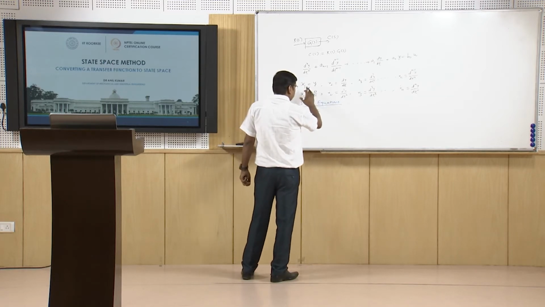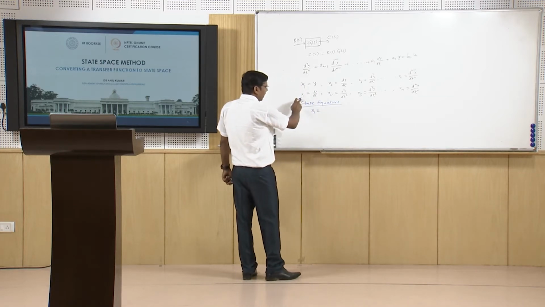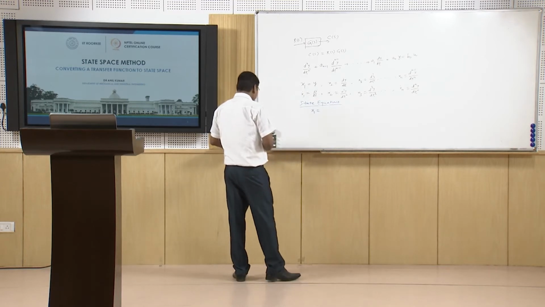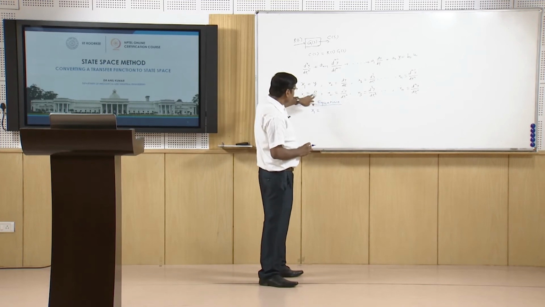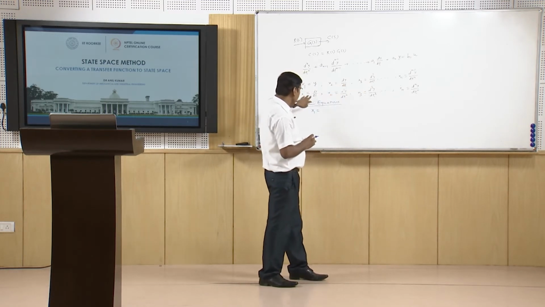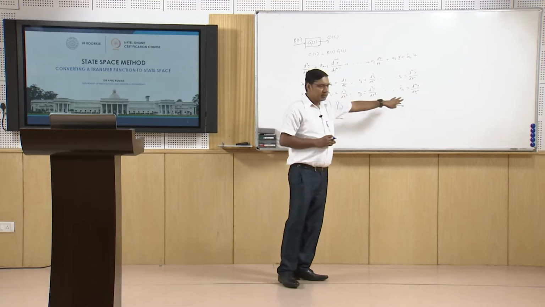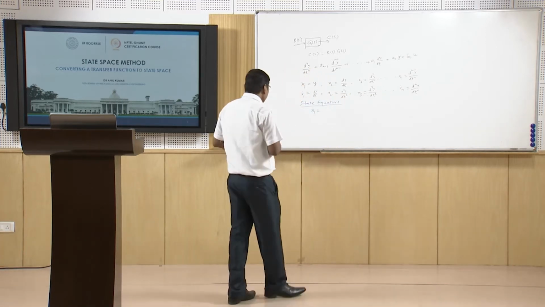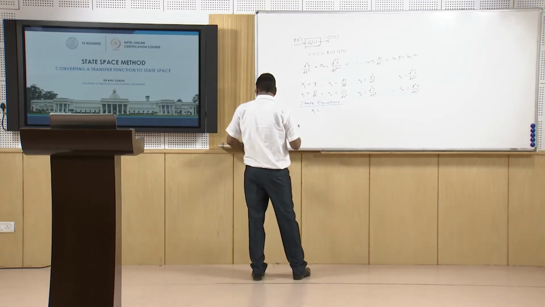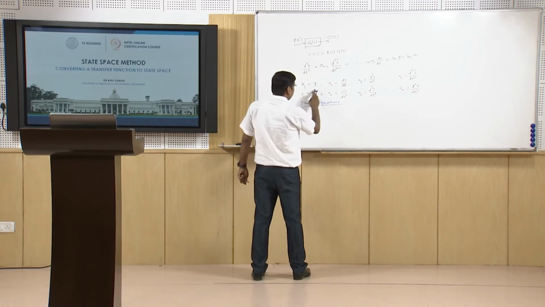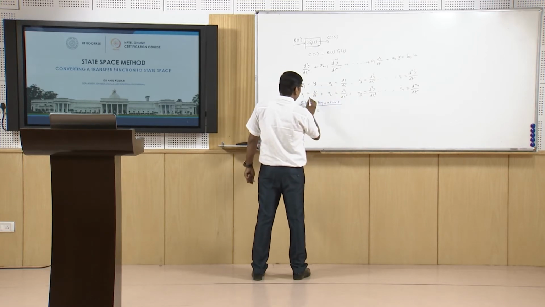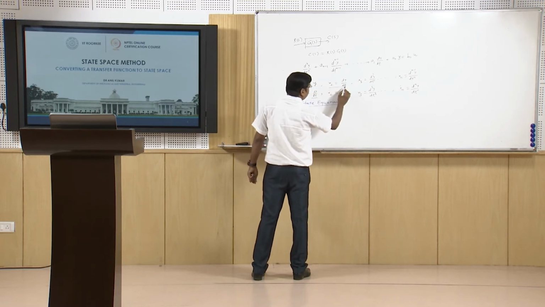And x1, x1 dot, x2, x2 dot, all these are the state variables. So x1 dot equal to dy by dt, and that is x2, because here x2 is dy by dt.